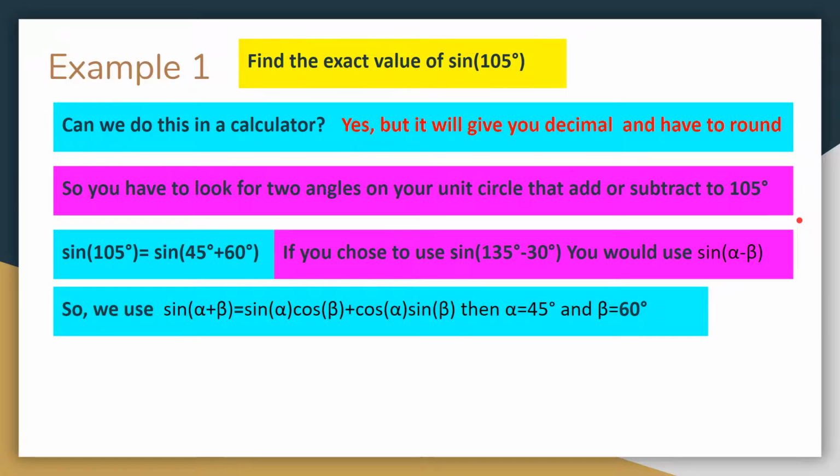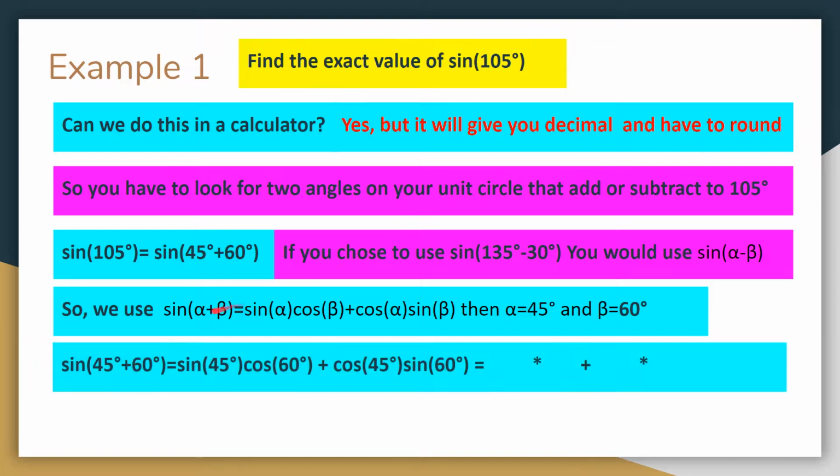So if we use this formula, sine of alpha plus beta equals sine alpha times cosine beta plus cosine alpha times sine beta. And that's from that formula sheet before. As you can see, my alpha would be 45, my beta would be 60. So I'm going to plug 45 in for alpha, 60 in for beta.